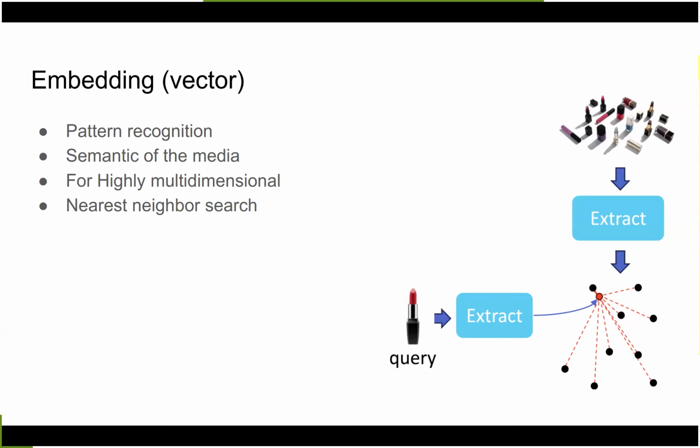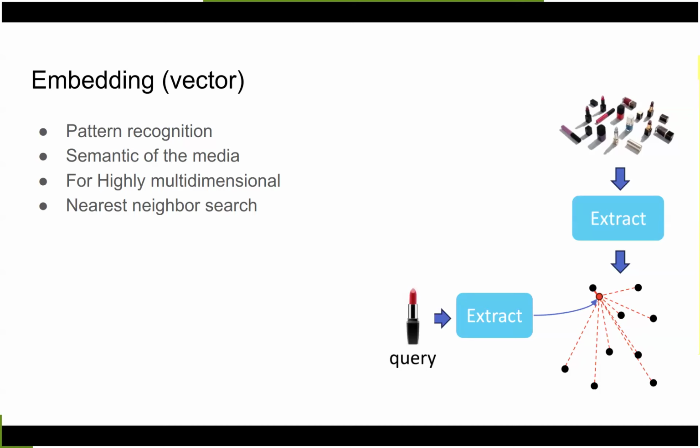In a way, it's just the semantics of the media. It could be text, image, video, sound, anything. And it's usually highly multidimensional, because if you want to store the gist of the image, you really need to store that information in multiple dimensions, because in only one dimension you cannot really say anything about that image.